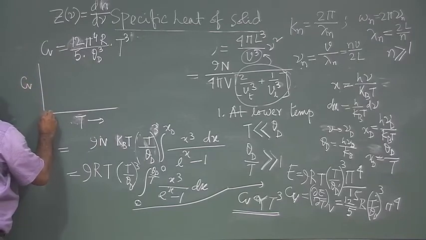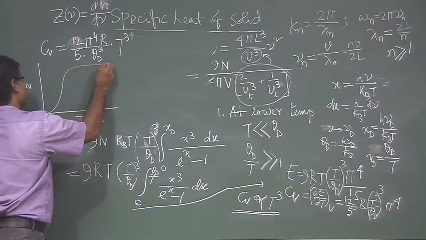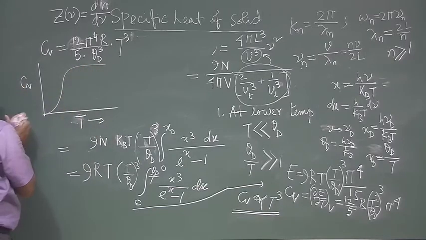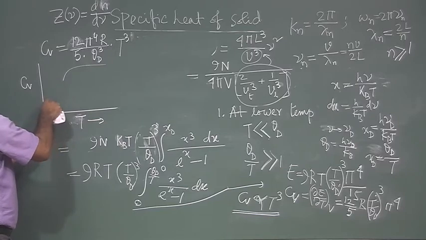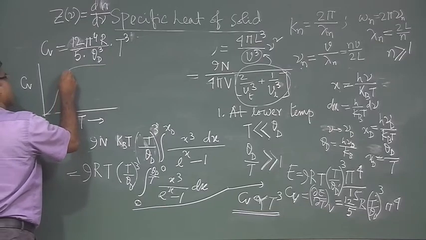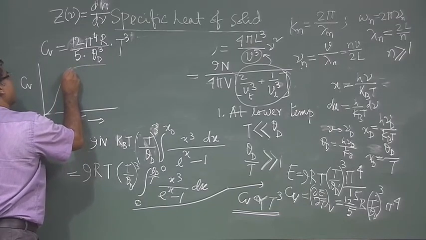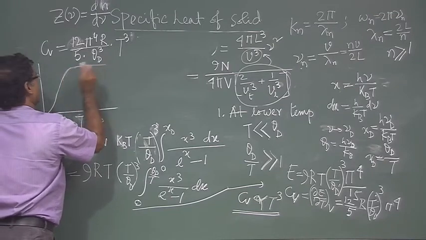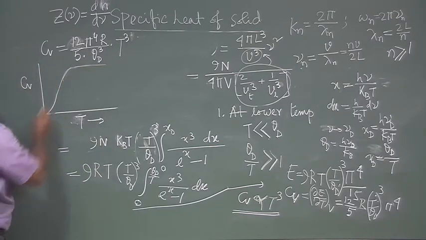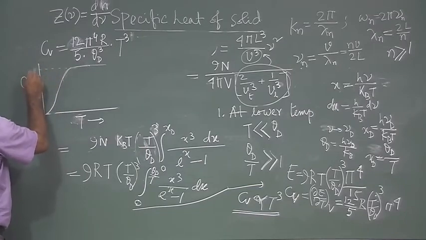So its variation is like this, I think it's not like this, it's more sharp here. Okay. So, this is the value, this is the 3R value at higher temperature.